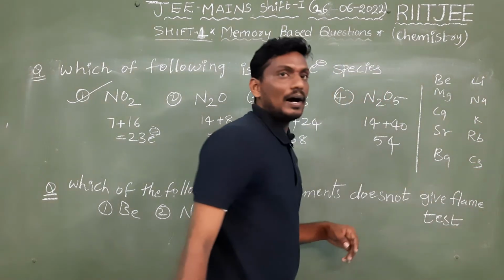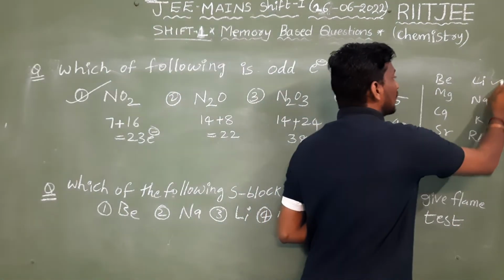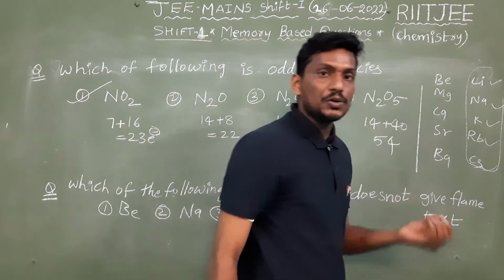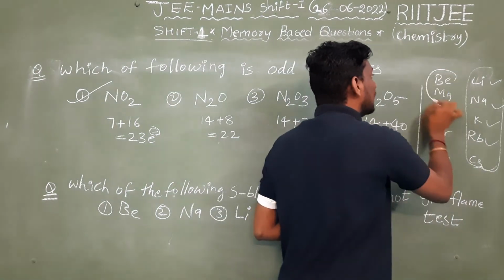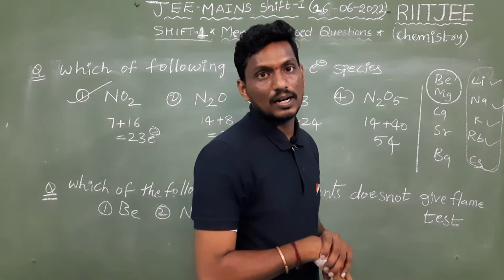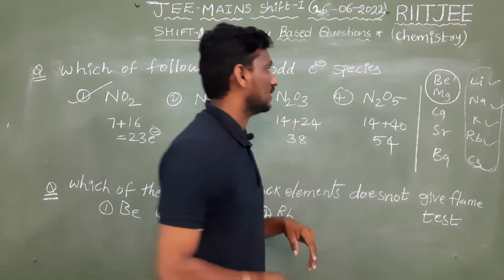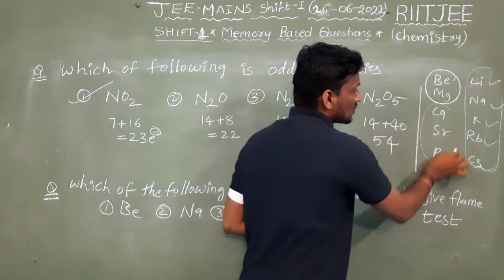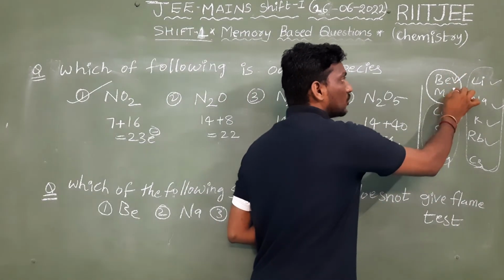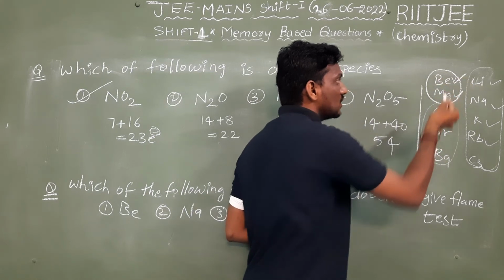All first group elements will give the color. In the second group, the first 2 elements don't give the flame test color. The rest, calcium, strontium, barium, will give the color. So the right answer is beryllium and magnesium.